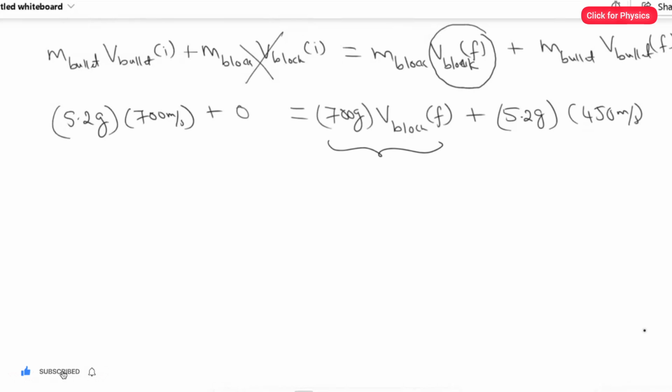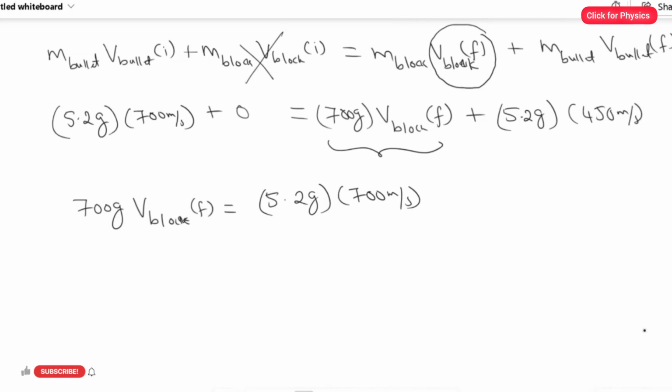We get 700 gram multiplied by the speed of the block final, which is equal to 5.2 gram multiplied by 700 meters per second, and when moved to the other side, minus 5.2 multiplied by 450 meters per second.